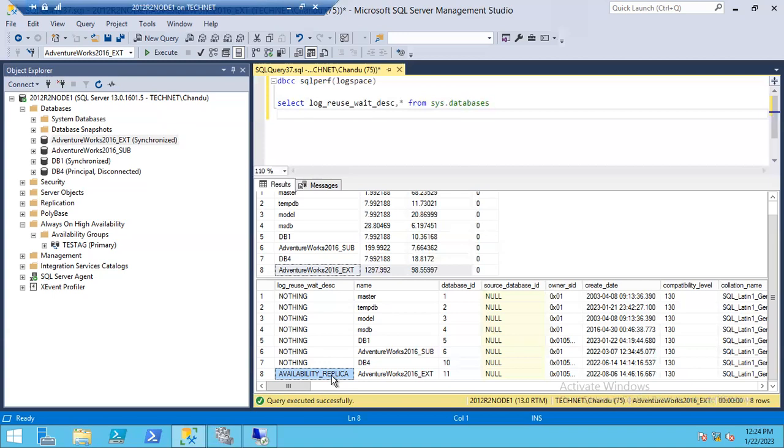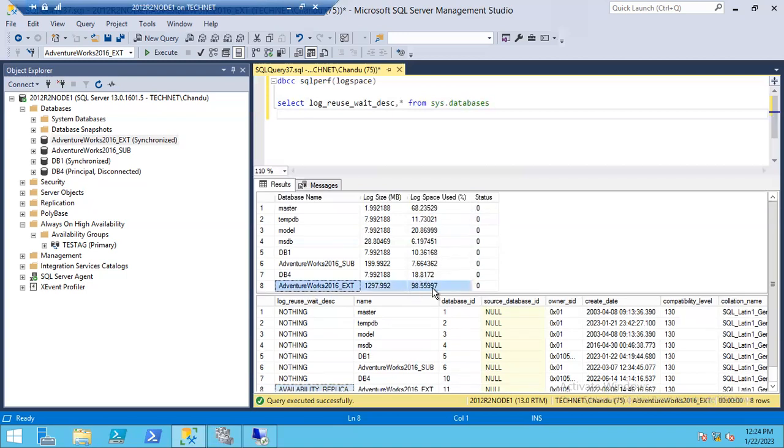Now let's understand the current status of my secondary. As I was saying, if the secondary is not taking the data, not receiving the data, or is not available, then my transaction log file on the primary will not be truncated. Until the log file is truncated, your log file keeps on increasing.